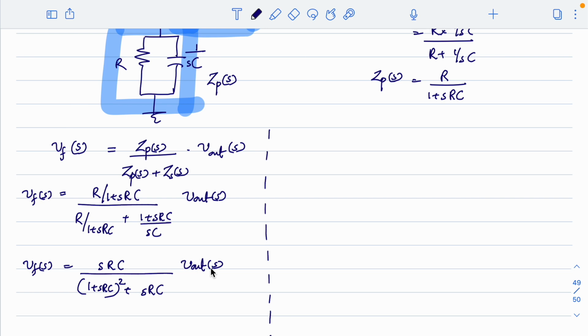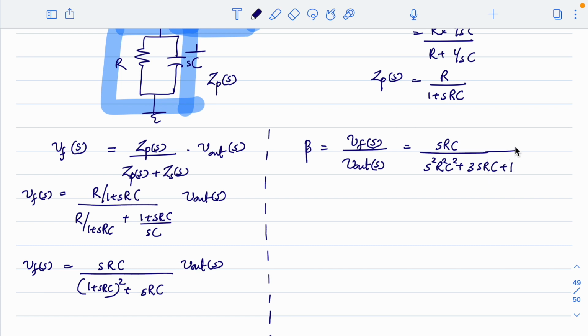Now, what we got here is the relation between the feedback voltage and output voltage, that is identified as beta, which is VF of S divided by V out of S, which is equal to SRC divided by, if I expand this bracket, S square R square C square plus 2 SRC plus 1 plus SRC, which is S square R square C square plus 3 SRC plus 1.